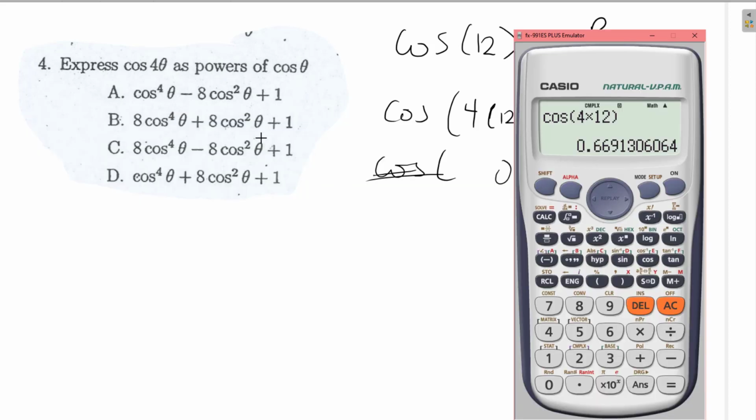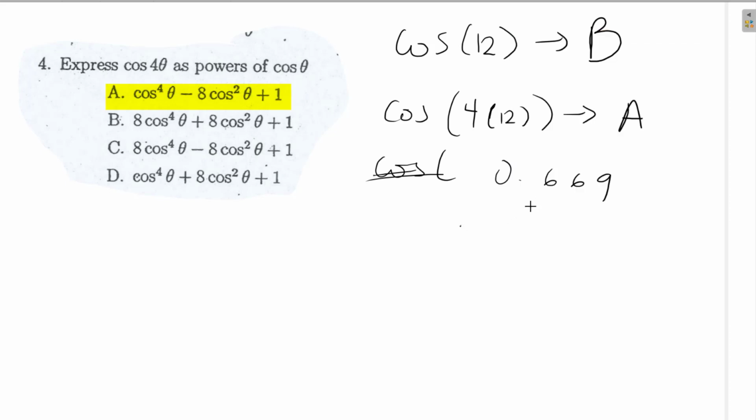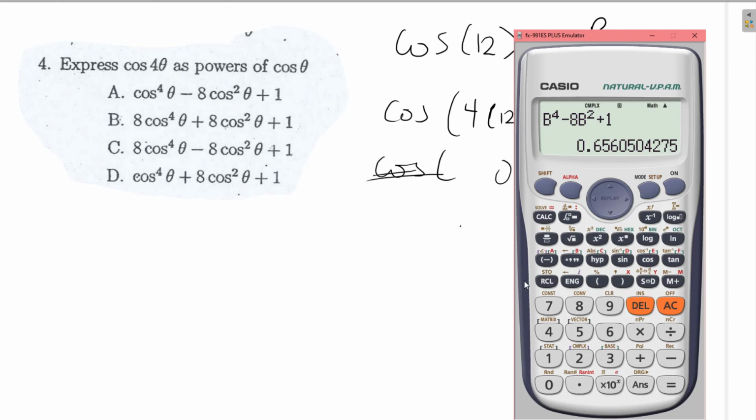So we quickly evaluate A. A is b raised to the power 4 minus 8b squared plus 1. This does not give us our 0.669, so we keep going. Let me just modify this.